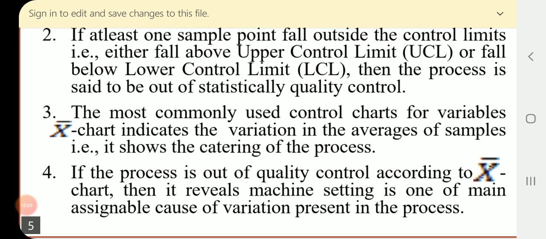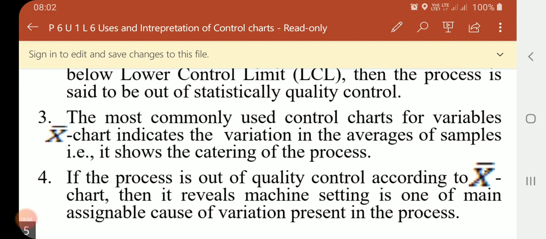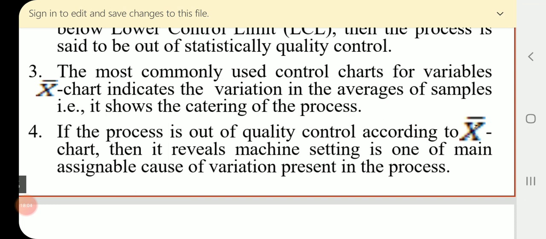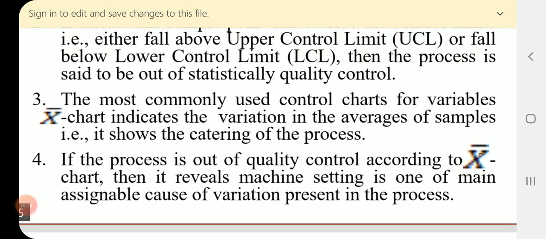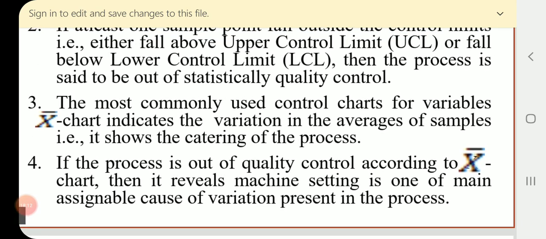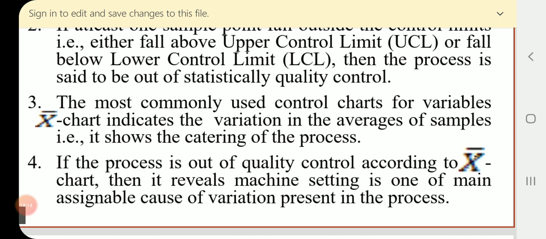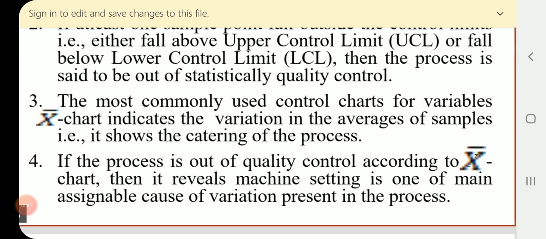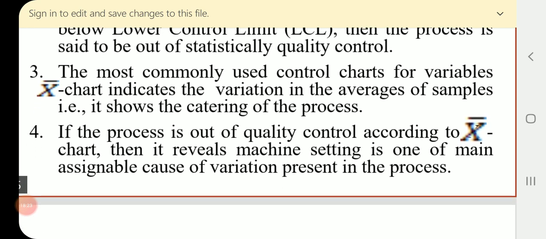You remember, if the process is out of quality control according to XBar chart, then it reveals machine setting as one of the main assignable causes of variation.